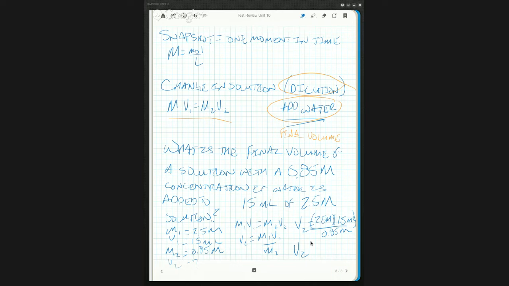We plug that into our calculator: 2.5 times 15 divided by 0.85. For a final volume, using 2 sig figs, I get 44 milliliters.